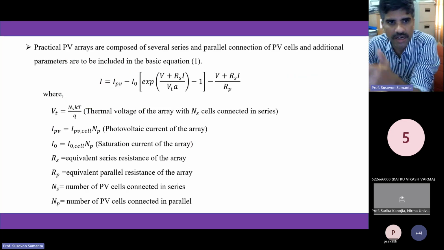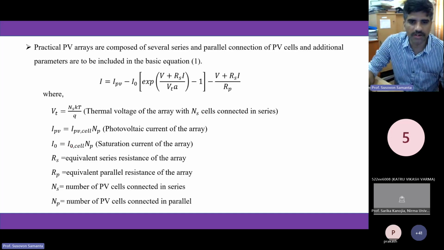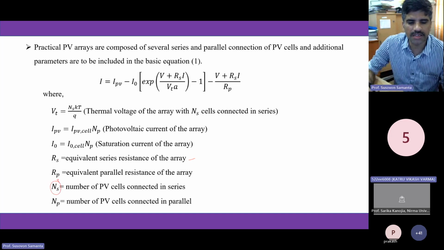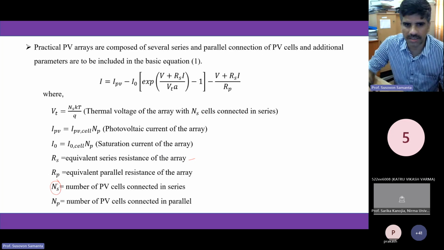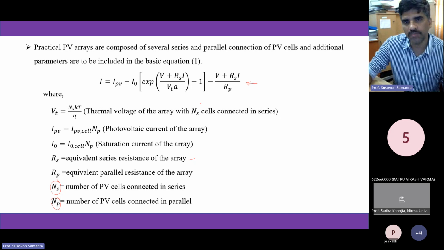If I consider an array also, because here I'm mentioning array, there are ns number of cells connected in series and np number of cells connected in parallel. Then obviously, if you again use KCL and KVL, you will get this expression for a practical PV panel or PV array.